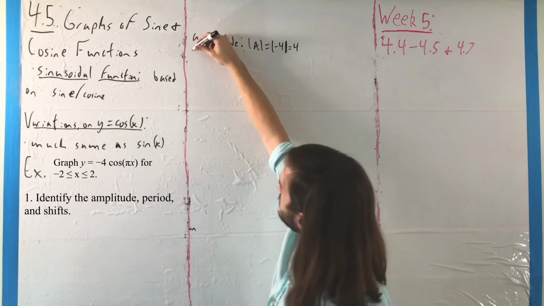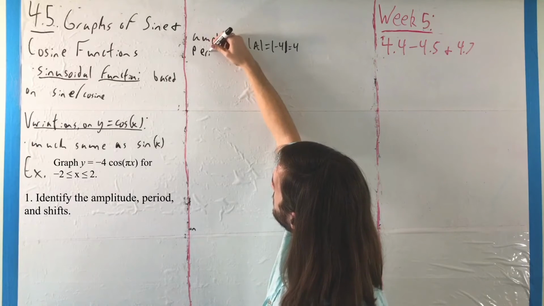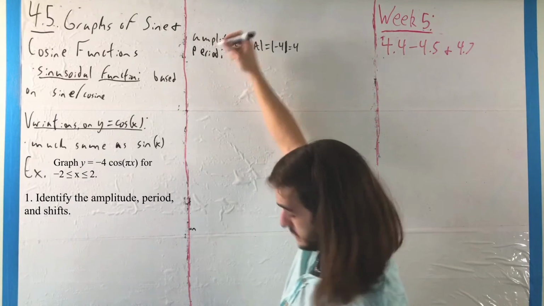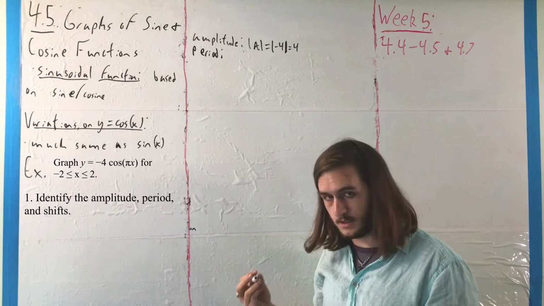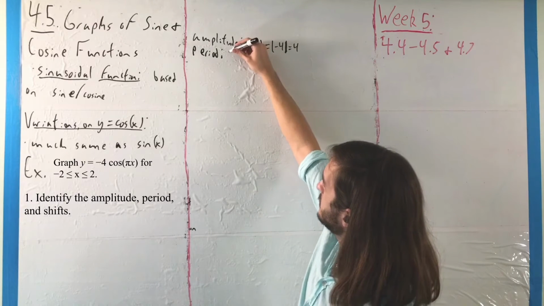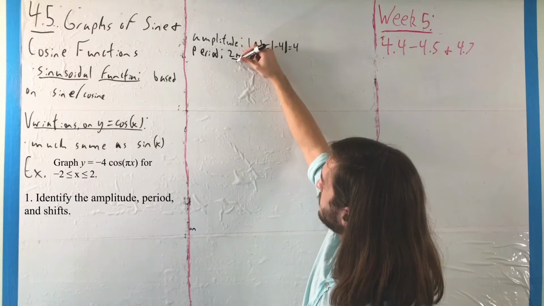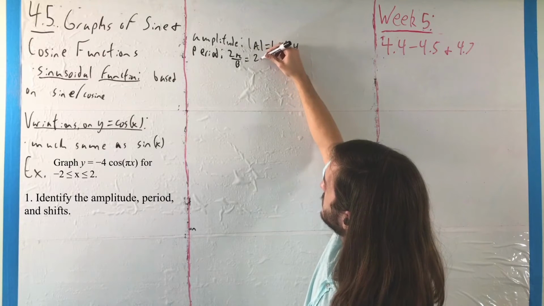While for the period, we are still going to be looking at things that happen with b. It's still 2 pi over b here.